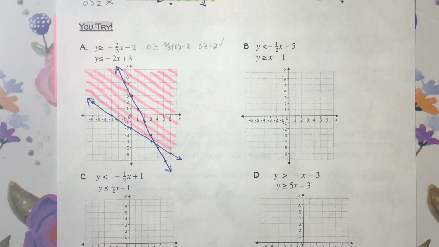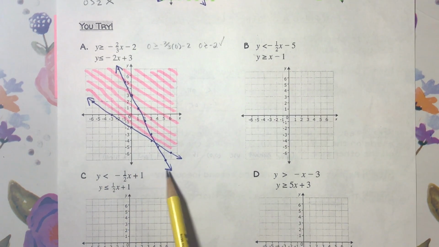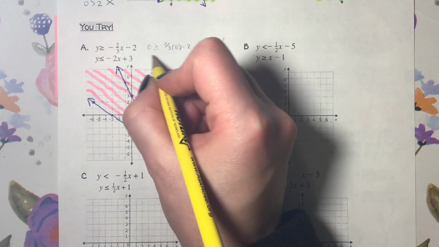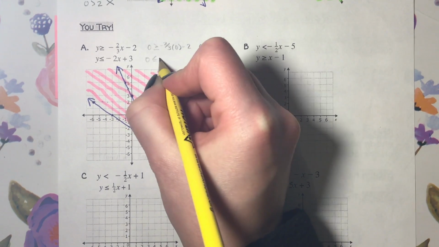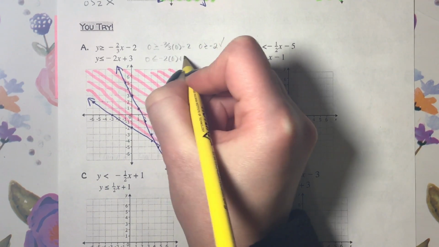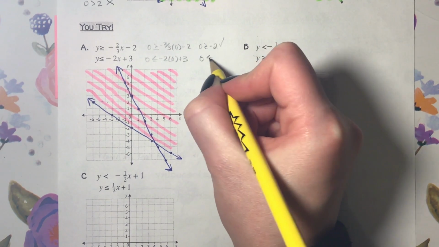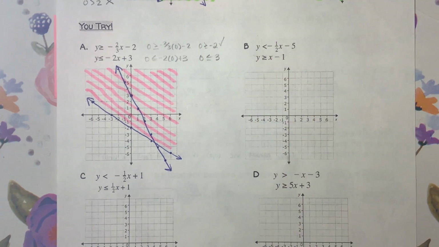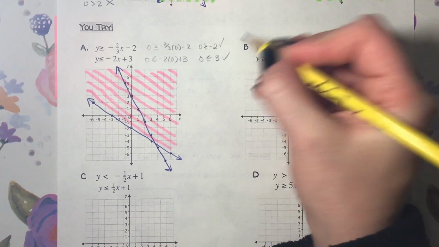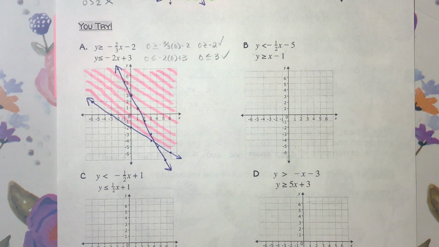And I made it a solid line because there's a line underneath of that inequality. Let's check the coordinate 0, 0 and see if that makes this line true. So that would be 0 is less than or equal to -2 times 0 plus 3. That means 0 is less than or equal to 3. Yes, 0 is in fact less than or equal to 3, so that one works as well.